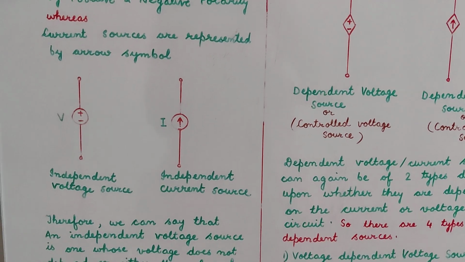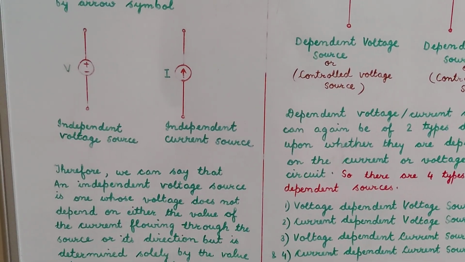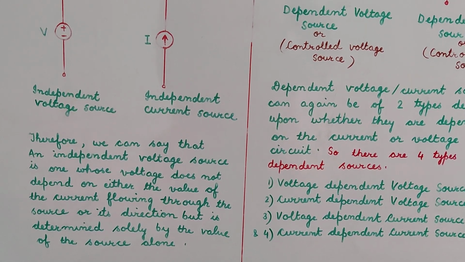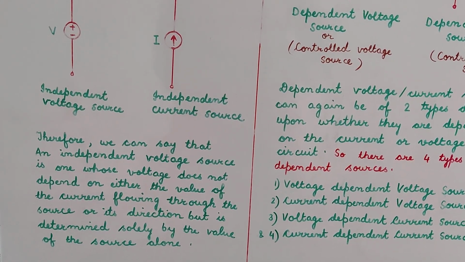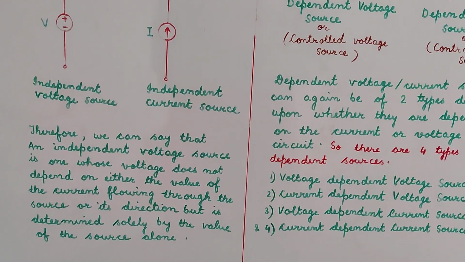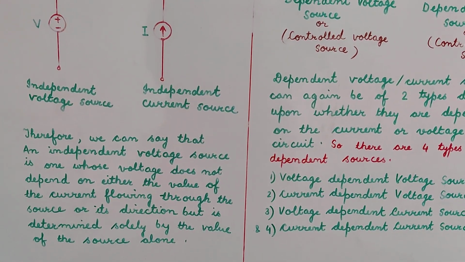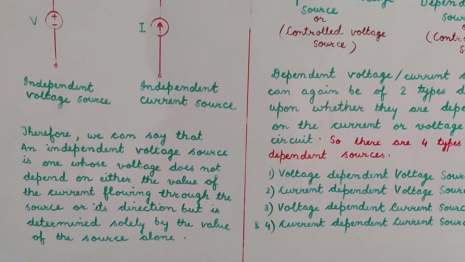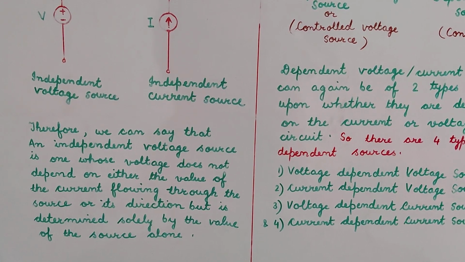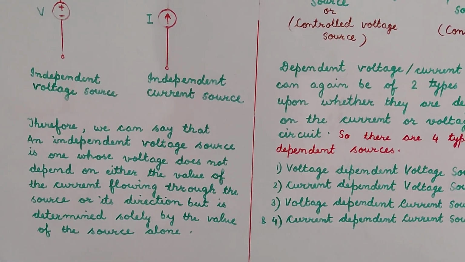So, we can say that the independent voltage source is one whose voltage does not depend on either the value of the current flowing through the source or its direction, but its value is determined solely by the value of the source alone.